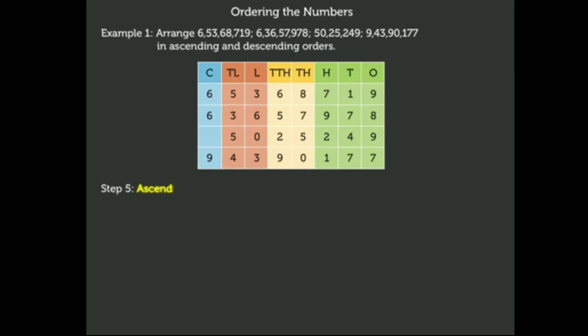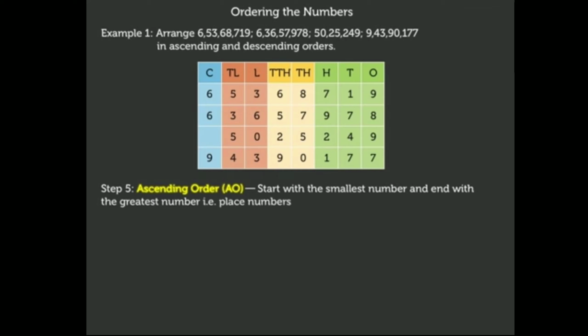To write a set of numbers in ascending order, start with the smallest number and end with the greatest number. That is, we place numbers in the ascending order or increasing order of their respective values.